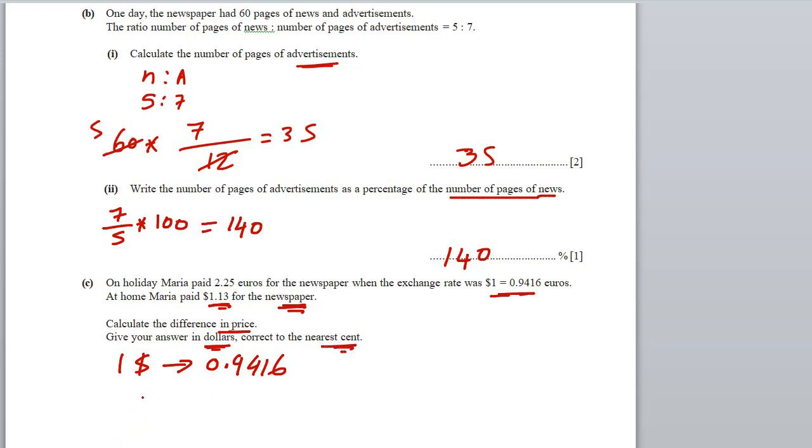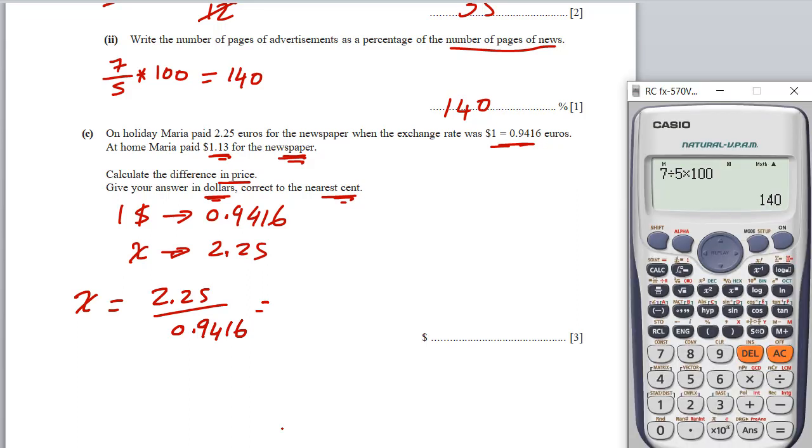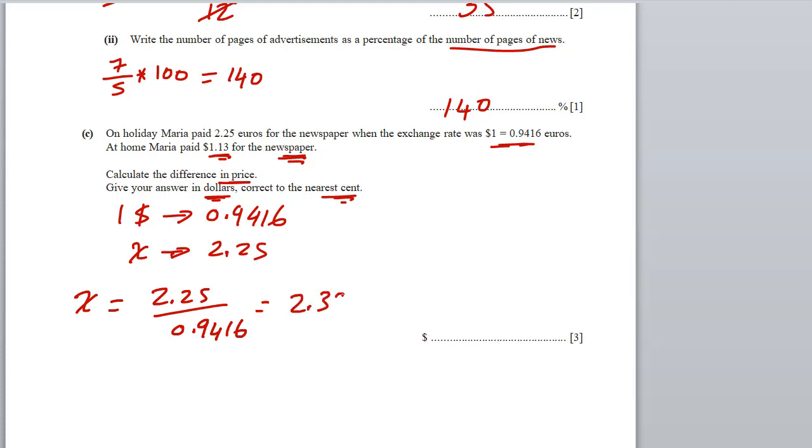So now we need X dollars equivalent to 2.25 euro. So X is equal to 2.25 divided by 0.9416. Let's bring out the calculator. It is equal to 2.39, so $2.39.